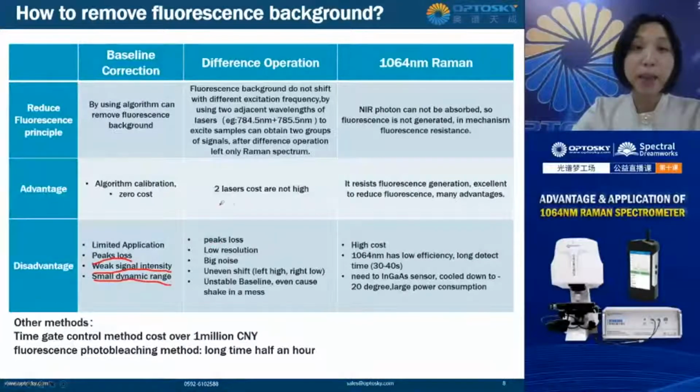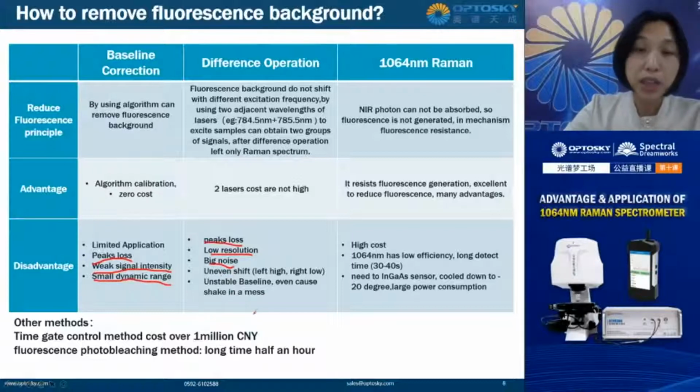However, like baseline correction, it could cause peak loss and it has low resolution. It uses two spectra and an algorithm to subtract, so it could have bigger noise, and after the subtraction the shifts could be uneven.